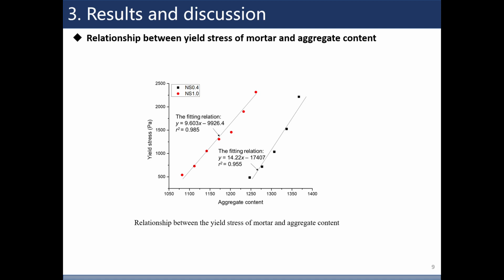We can see the yield stress of mortar is proportional to aggregate content, but with the rising of yield stress of mortar, the difference between the aggregate content in the two groups of mortar will decrease. In this case, it is difficult to establish a model based on the yield stress of paste and the aggregate content to predict the yield stress of 3D printing mortar.